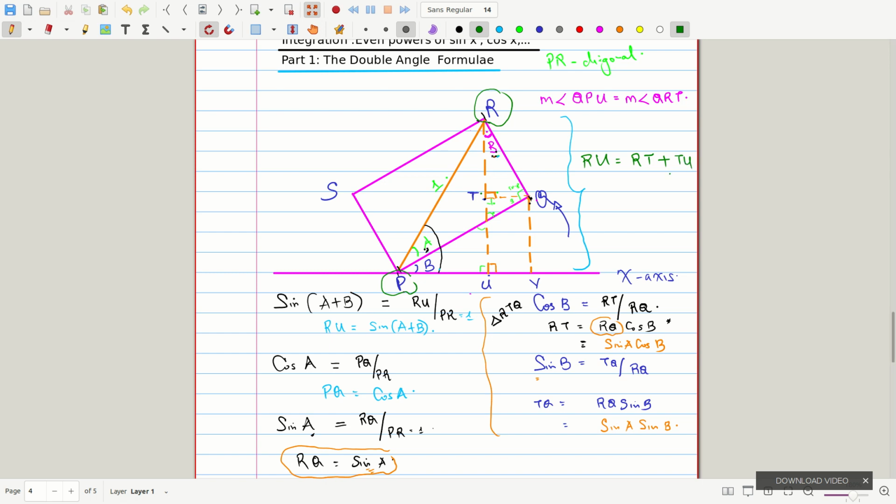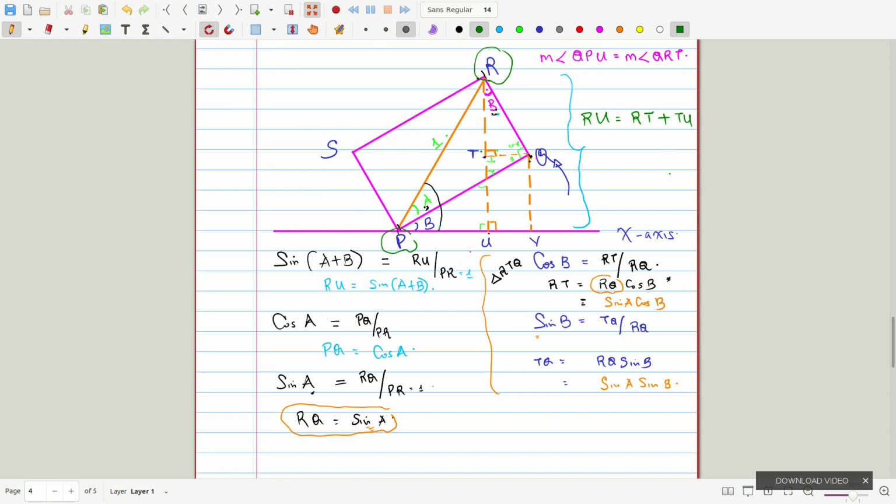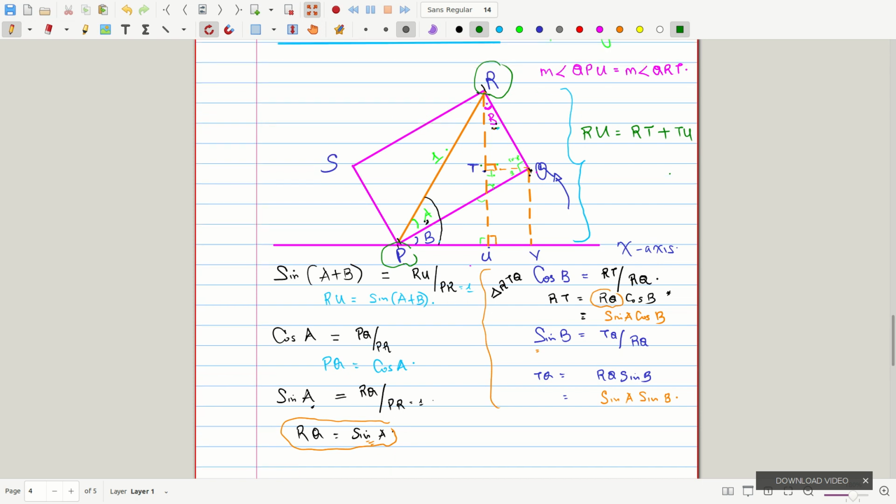RT plus TU. So that is the direction in which we are headed. For now, do we have RT? I think we have an expression for RT so far here. RT is already here.